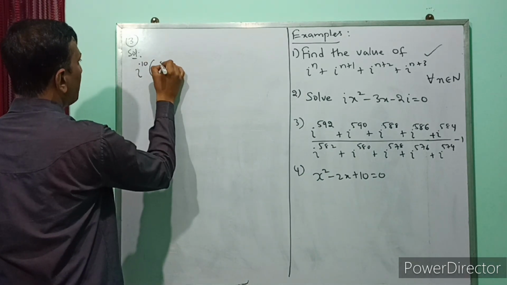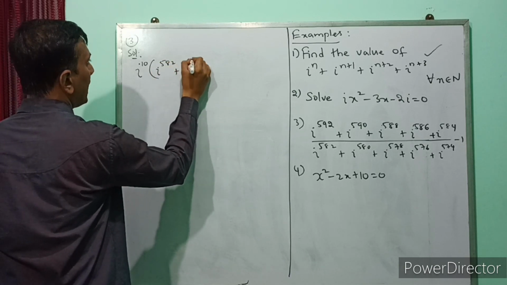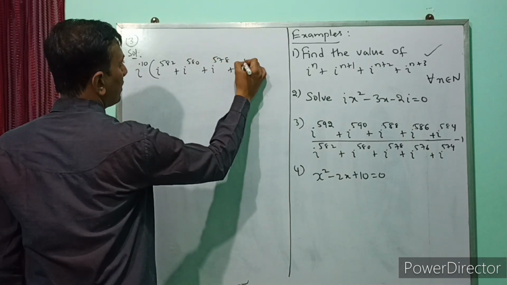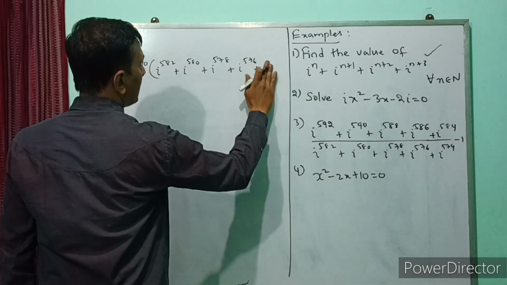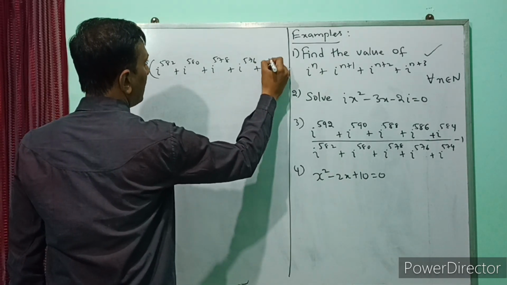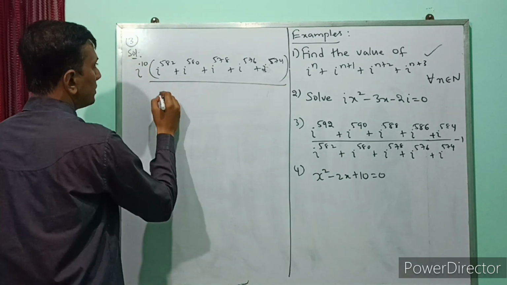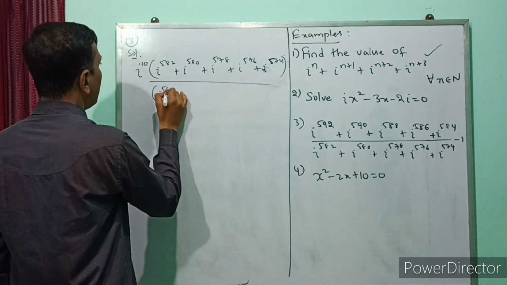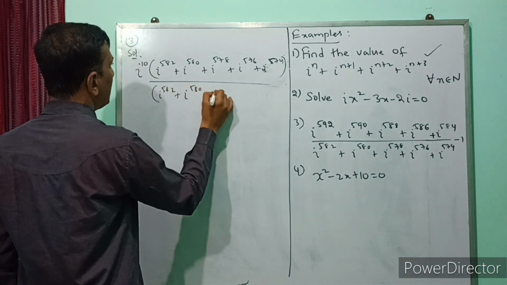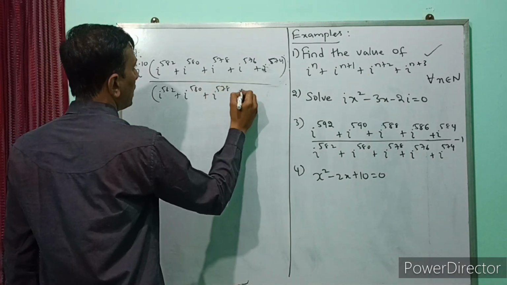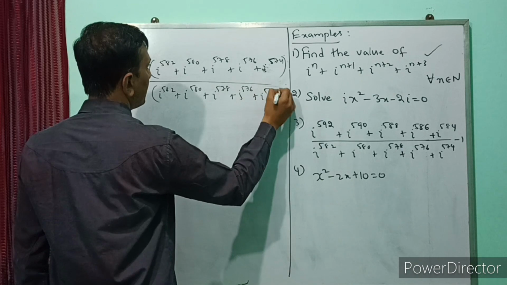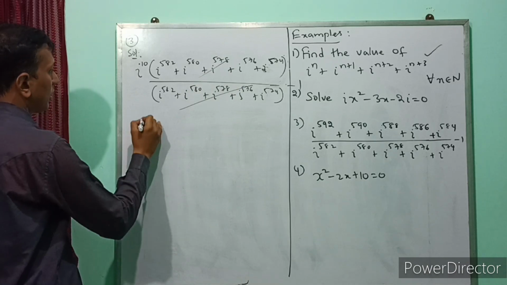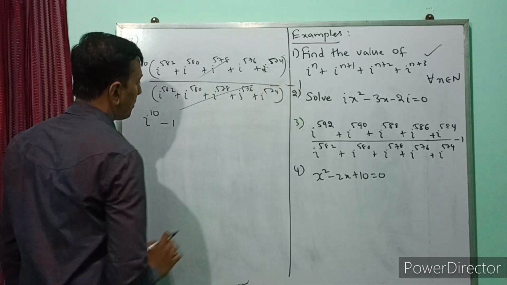Then I will get i power 582, i power 580, plus i power 578, i power 576, i power 574, divided by the same expression in the denominator and minus 1. So this entire expression gets cancelled and simplified, you will get only i power 10, and don't forget minus 1.